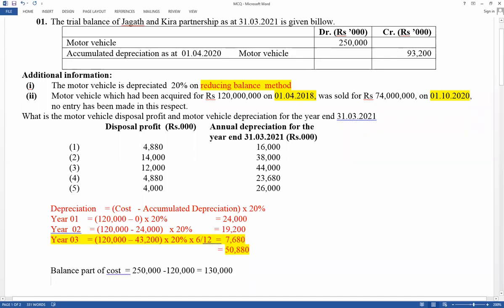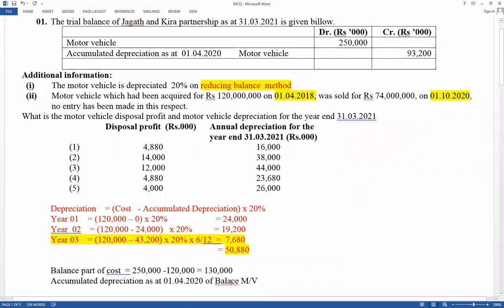Then take the accumulated depreciation opening balance of the balance parts, accumulated depreciation as at 1st April 2020, opening balance of the balance motor vehicle, the accumulated depreciation opening balance of the unsold part.